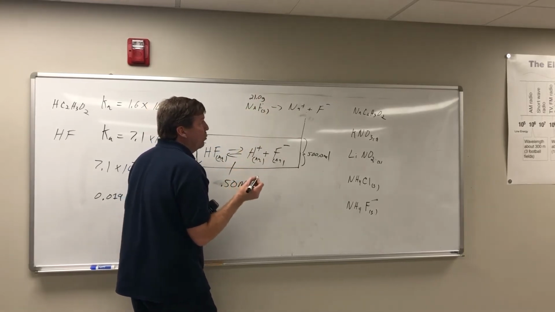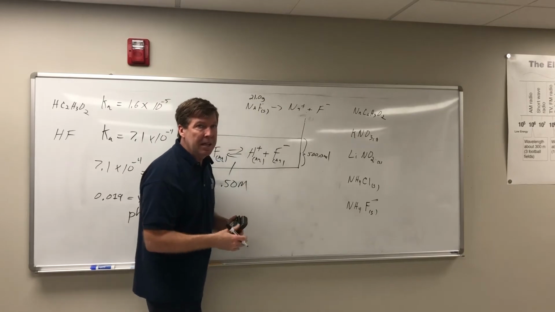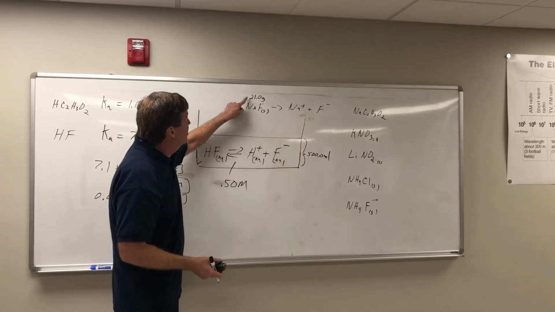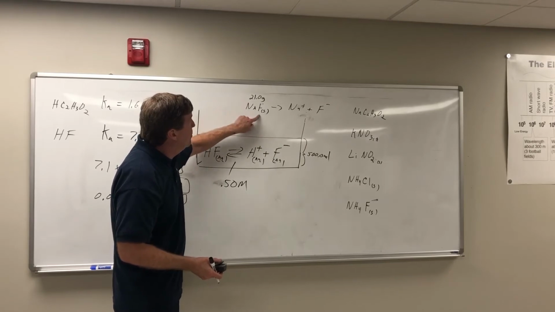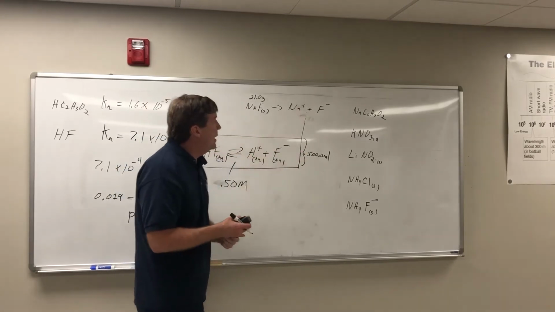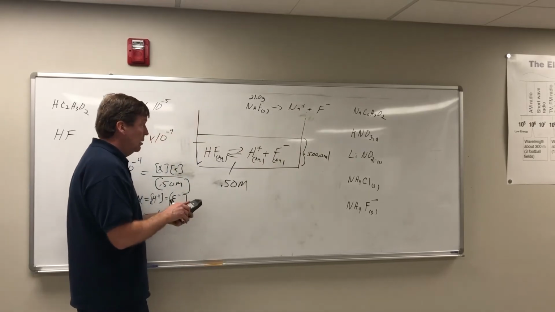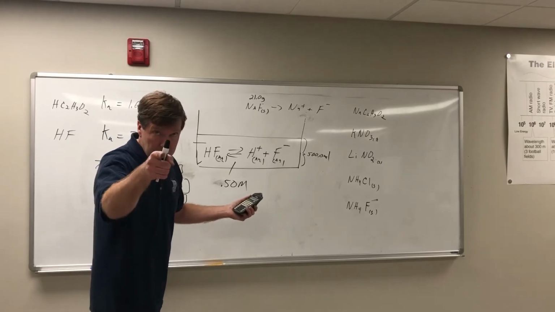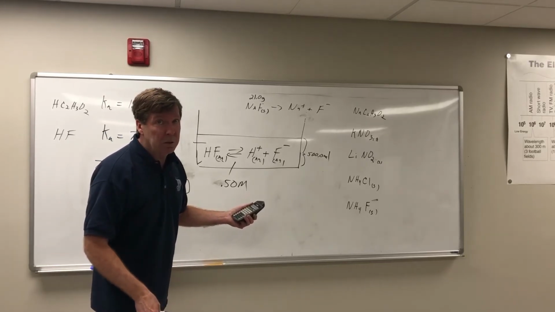And the first thing I want you to do is determine the molarity of this solution based on this initial amount and based on the volume there. Go. Don't be messing around.